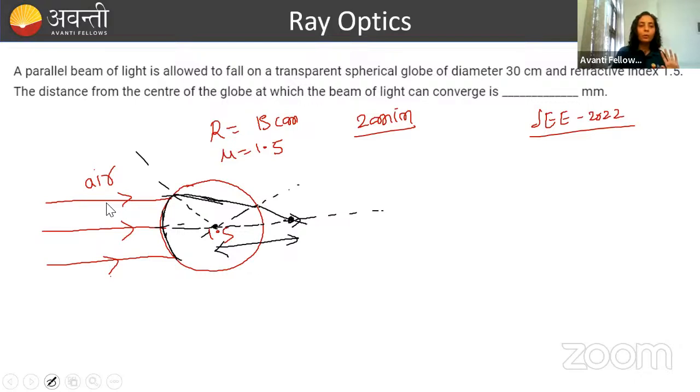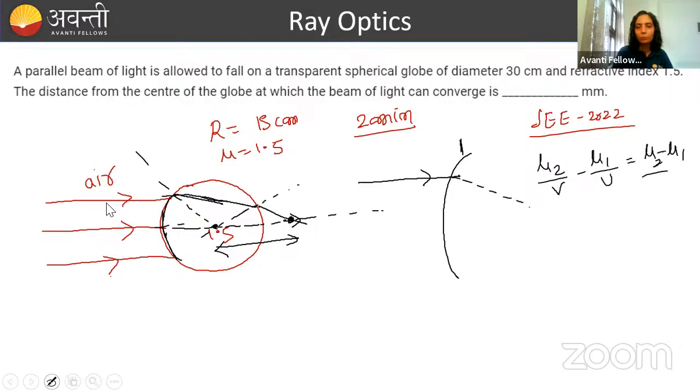Done hai? Now let's try it very carefully. सबसे पहले try to see when light is getting refracted by the first surface, where the image will get formed. First, we need to see this. So for that, let's solve it here. So first surface के लिए मैं solve कर रही हूँ पहले. So let's write the formula mu2 by v minus mu1 by u equals mu2 minus mu1 by r. ठीक है. अब आप ध्यान से देखो, light is getting refracted into which media?